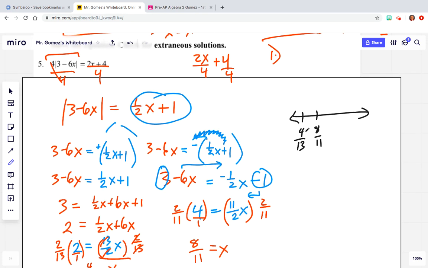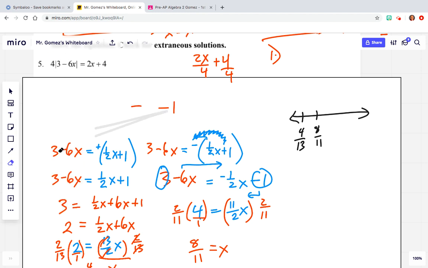Okay, so plugging it back into the original equation, we can check for extraneous solutions. There's a lot of math going on for sure, but you're going to plug that in and see what you get on the left and see if it equals what you get on the right. So let's do that so that you can see some by-hand multiplication practice with fractions, so that you're ready for the test if you have a question similar to that.